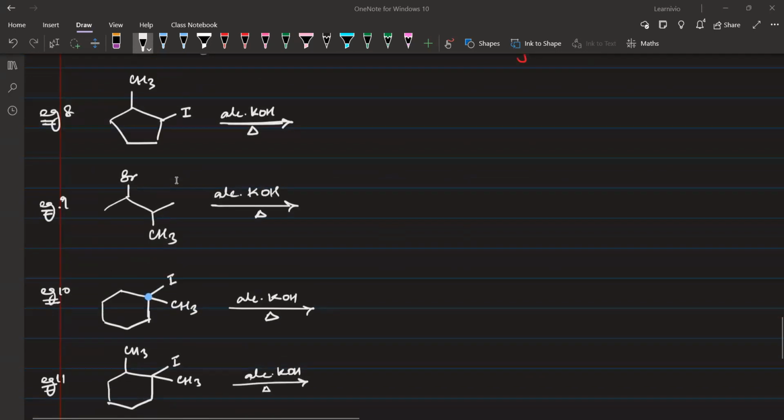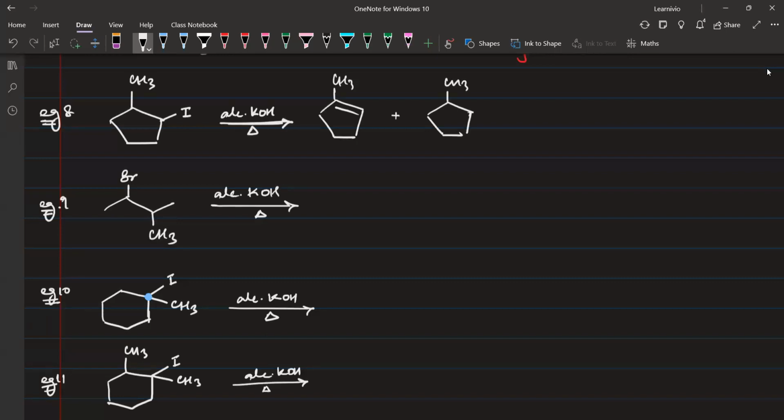Yes, let us see this example 8. Okay, I am making the products. Here we will remove the iodine and write CH3 as it is. Then you'll have a double bond here, plus you will get another product which will be like this. The CH3 as it is, and there will be a double bond here.